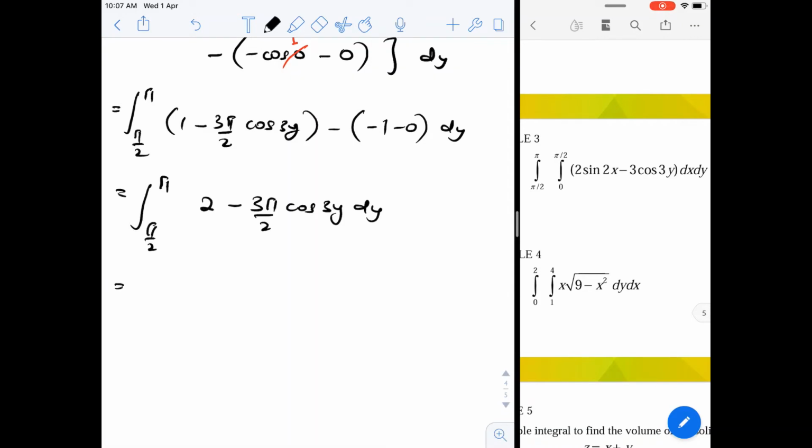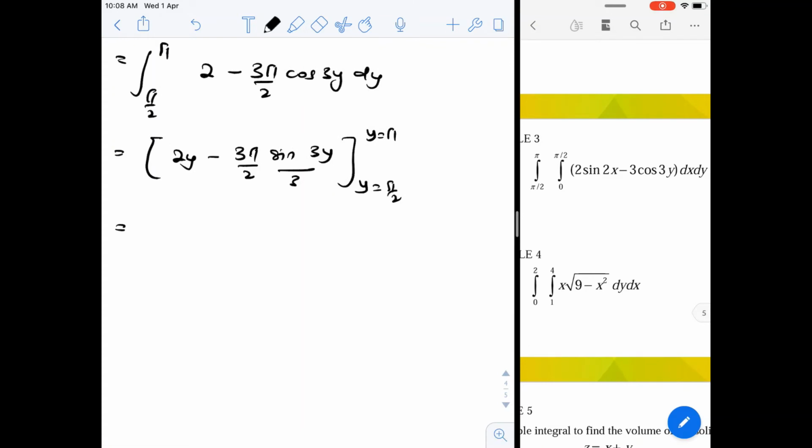Okay, so now integrate 2 with respect to y, we will get 2y. Integrate negative 3 pi over 2 cos 3y, equivalent to negative 3 pi over 2, just a constant. So integrate cos 3y, we will get sine 3y over 3. Substitute the limit of y equals to pi over 2 and y equals to pi.